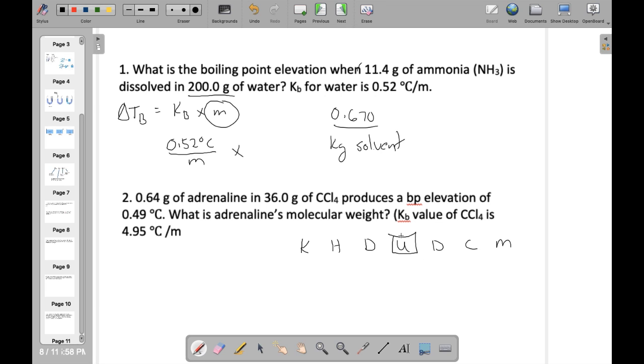So the U stands for units. The units here is grams, and I have 200 of them. Remember, the decimal point is there. But I need kilograms. So I have to move my decimal to the left. 1, 2, 3 spaces. 1, 2, 3. So 0.200 kilograms.